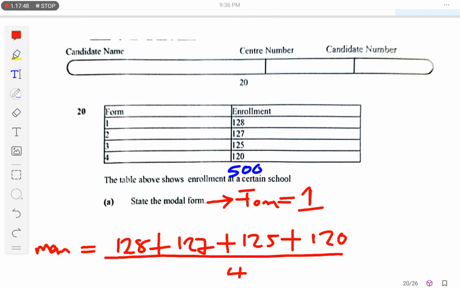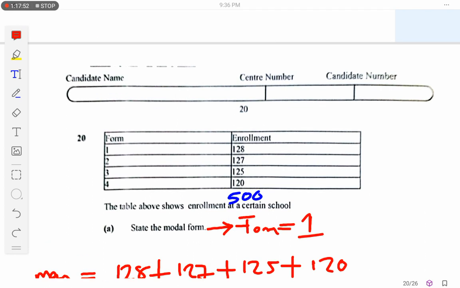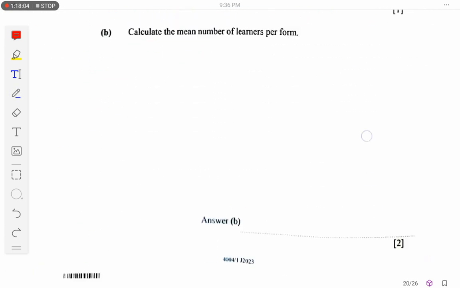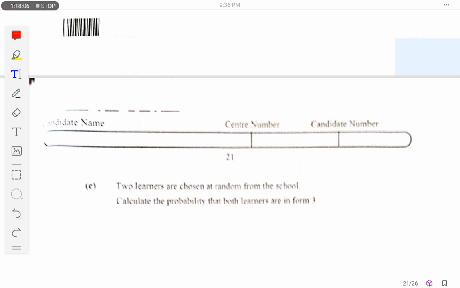Okay, so we can say the probability is going to be 125 over 500, times, okay, we check again now. If we have 125 and the probability is saying what? 2 learners are chosen at random from the school, and calculate the probability that both are in form 3. Okay, both are in form 3.